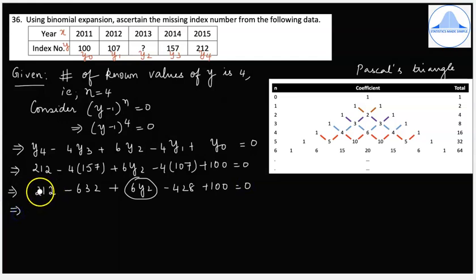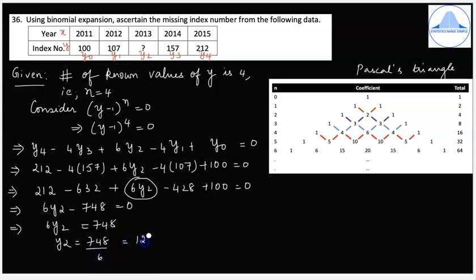So simplifying all the values except 6y2, you will get 6y2 minus 748 is equal to 0, which implies 6y2 is equal to 748, or y2 is equal to 748 divided by 6, which is 124.67.